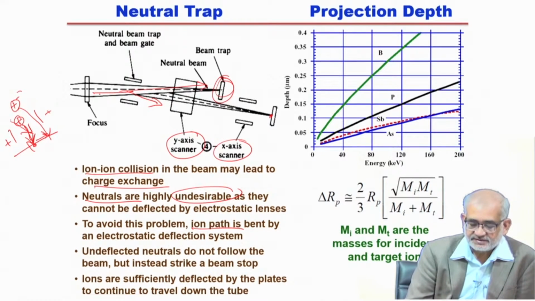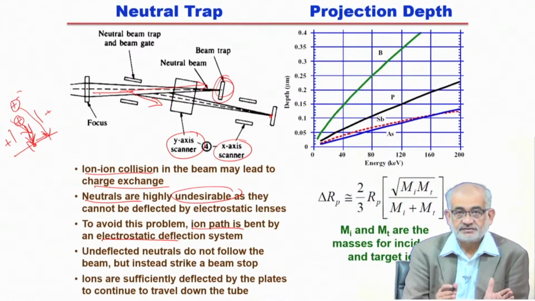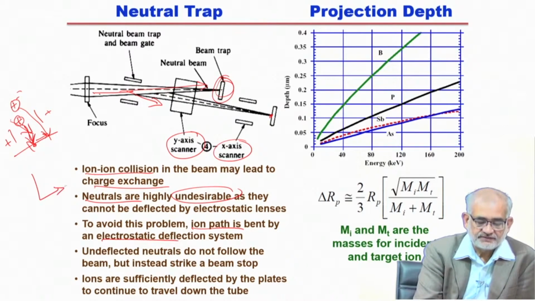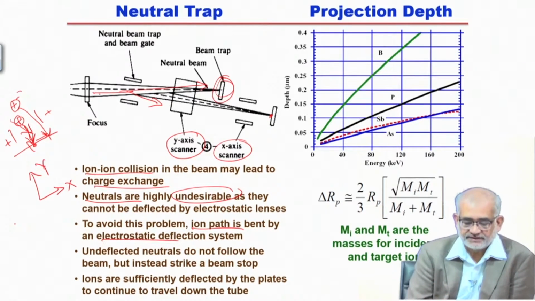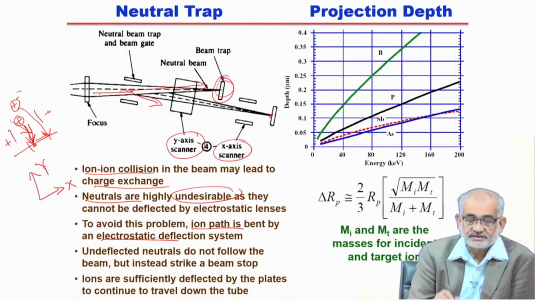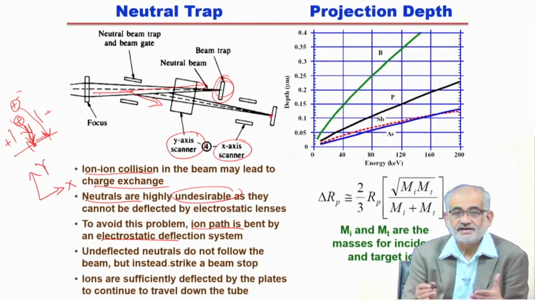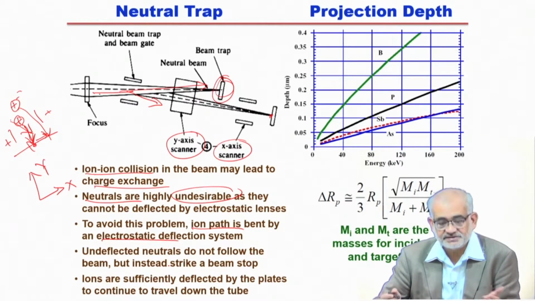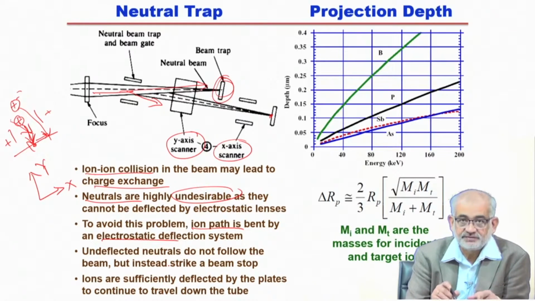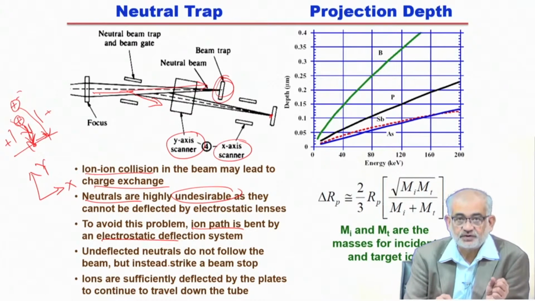The ion path can be bent by the electrostatic system either along the x direction or along the y direction, depending on the field that you apply, and that's how you can direct the beam onto the spot. In fact, this is exactly the reason why ion beam, laser beam or electron beam are called directed energy beams. So you can direct them exactly onto the spot where you want.